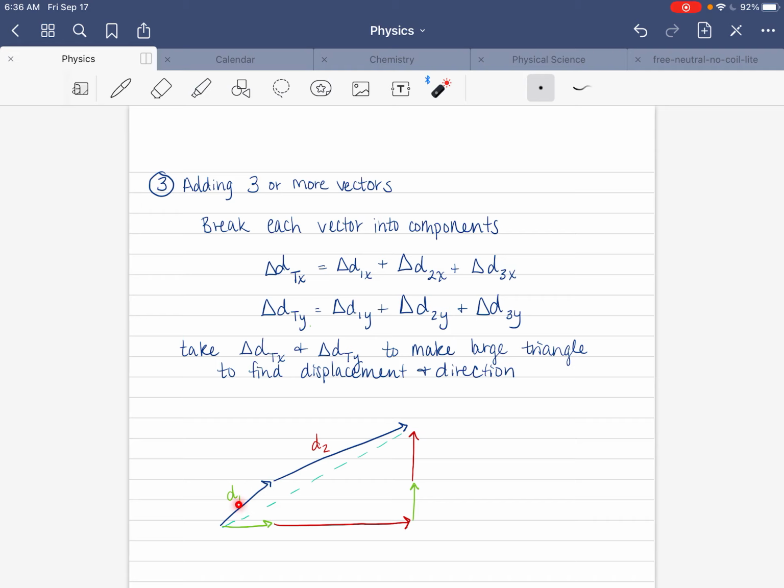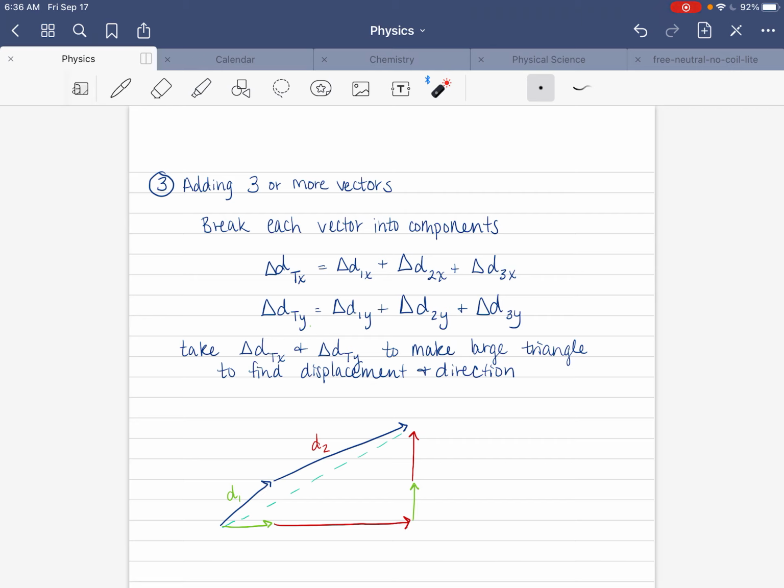So here, if I have my vector 1 and vector 2, if I break up vector 1 into its x and y components, its x component would be this, its y component would be this. And if I were to break up this vector into its components, its x component would be this one, and then y would be this one.